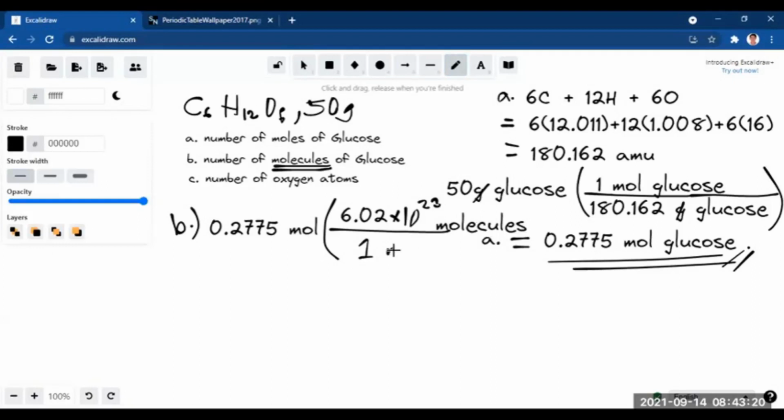So this is the very definition of Avogadro's number. We have the Avogadro's number of molecules per mole of a substance.